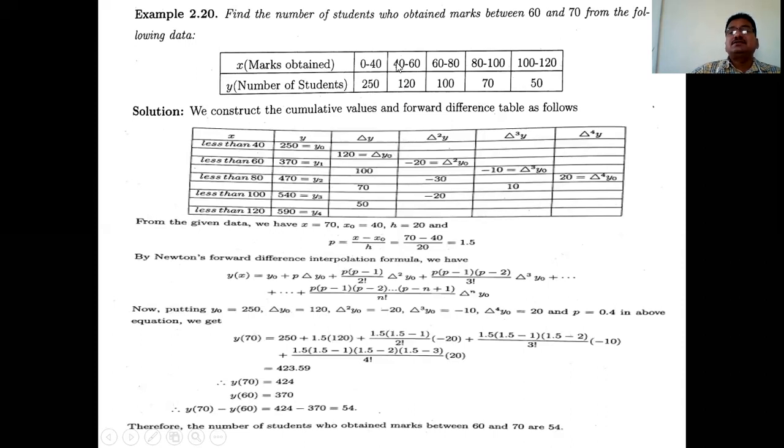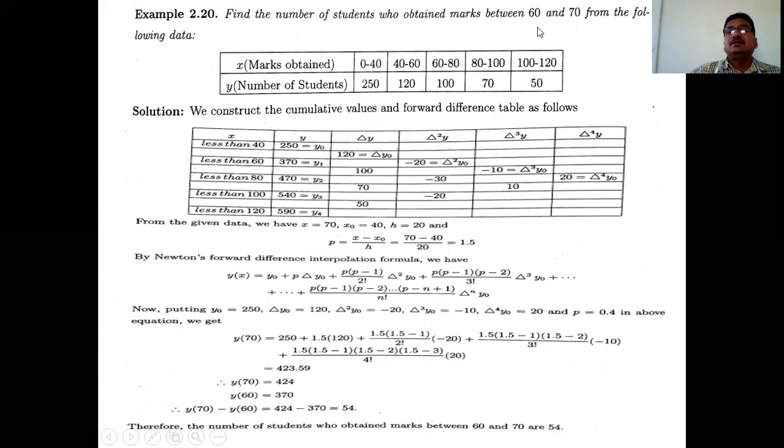So in this example, we have to convert this table into an X table and Y table. In previous examples, we just wrote the values of X as the first column and values of Y as the second column. But here we have to modify the given data in this form.